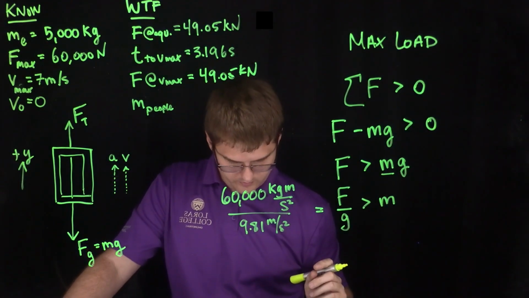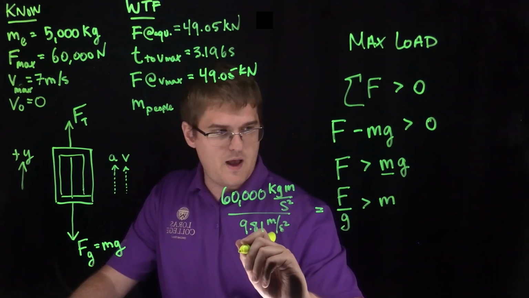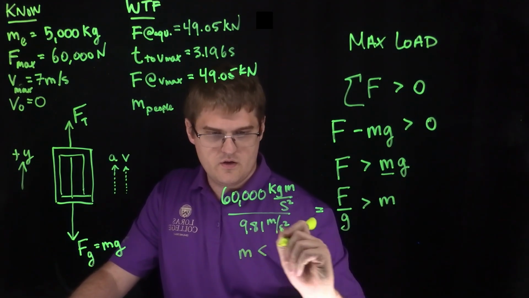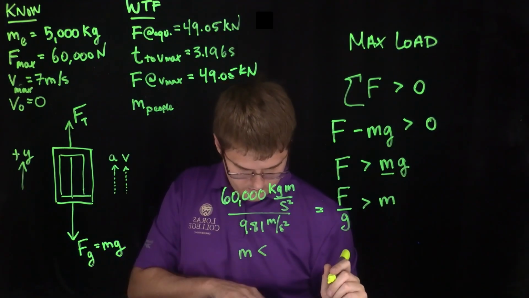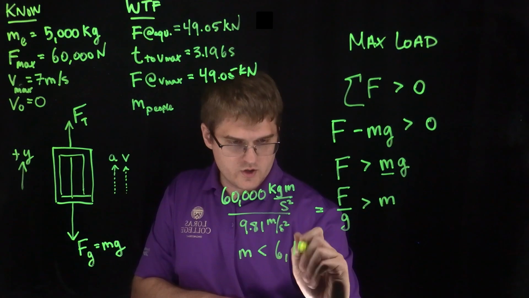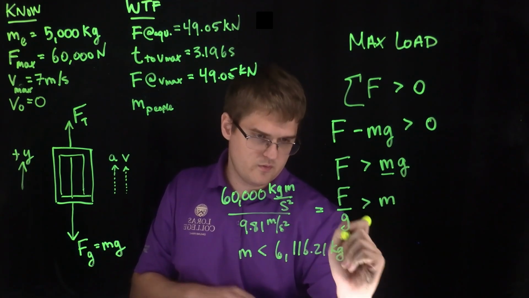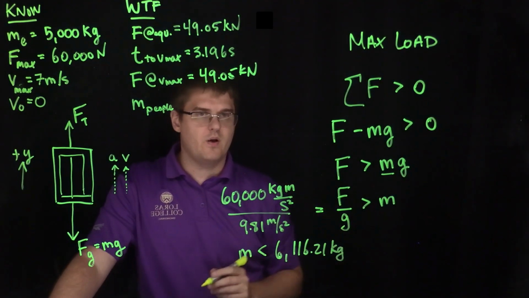And did I do this in the notes? I did. That means that our mass cannot be more than 6,116.21 kilograms. Meters per second squared cancels from both of them.